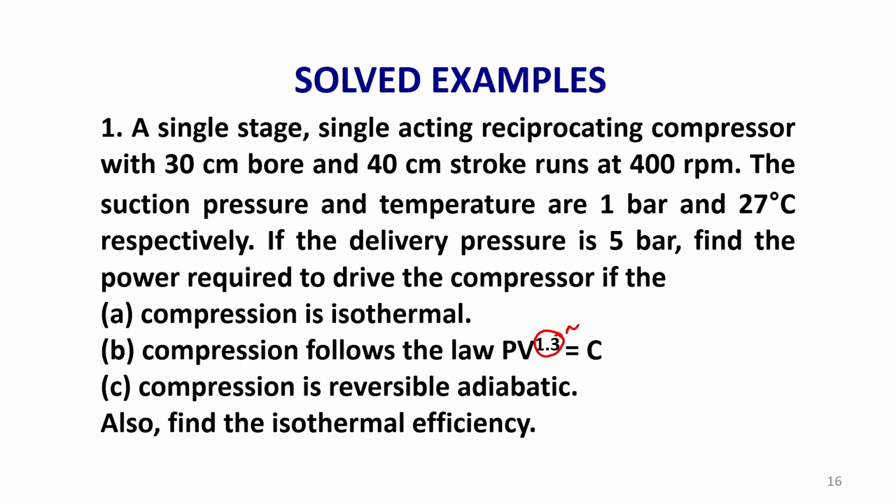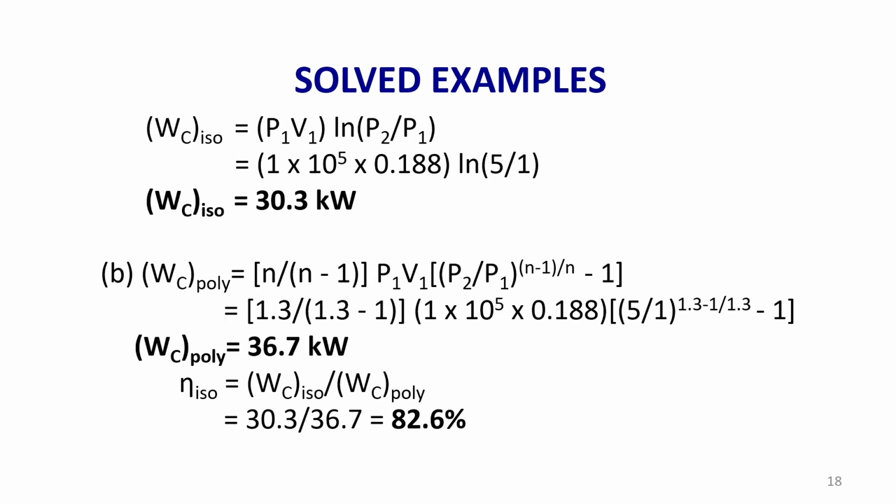One more question that has been asked, find the isothermal efficiency. That is a simple formula. Isothermal efficiency is the work of compression in an isothermal process divided by the work of compression in a polytropic process.